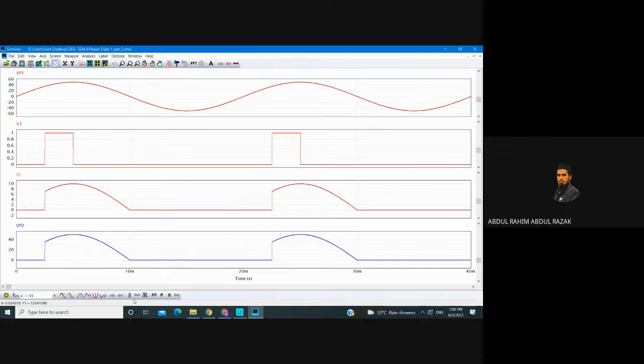It will end after maybe it reaches the negative cycle. So the behavior of our semi-control device is that it will switch on when we put a trigger signal to the gate. We refer to V3. When you trigger the device, it will start to conduct. Can you see? During the triggering point, it will start to conduct.